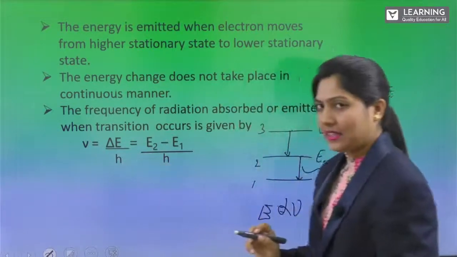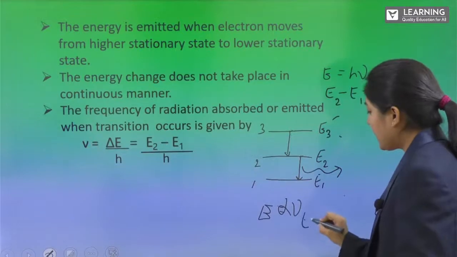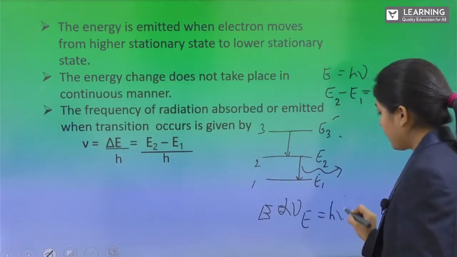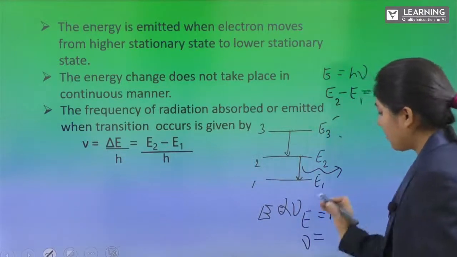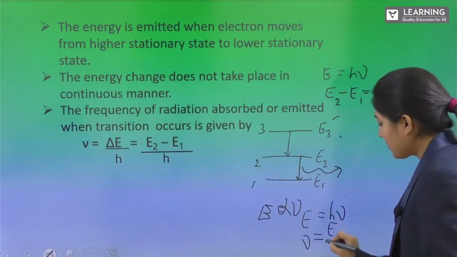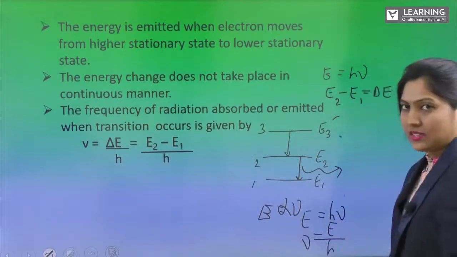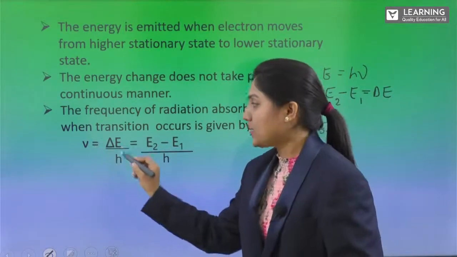Why by h? Because we know that E is equal to h mu. So if I want mu, I can transfer h and I'll get E by h. So mu is equal to E by h.